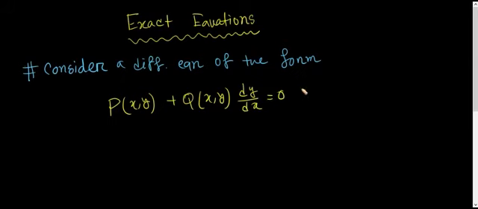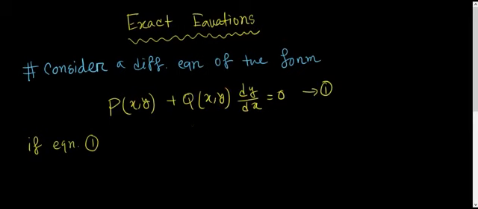If this equation over here, that is equation 1, can be compared with a function where the left hand side of this equation will be the differential of that function, then it's called an exact equation.